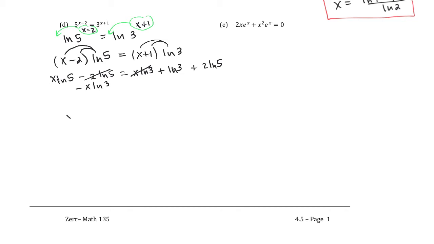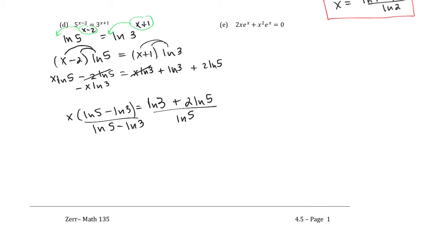And so then I'm going to go ahead and factor out x from the natural log of 5 minus the natural log of 3. And then I have, on the other side, natural log of 3 plus 2 times the natural log of 5. And let's go ahead and divide everything by natural log of 5 minus natural log of 3.